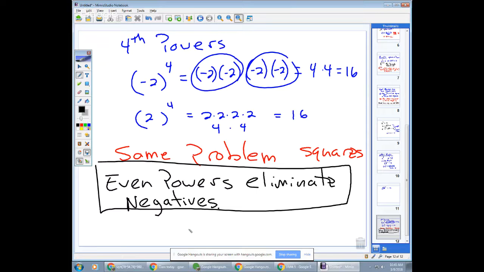So if I said, hey, I had some number and I raised it to the 4th power and I got 81. What number was it? Well, one way to solve this would be by taking a 4th root. So like a square root gets rid of a square, a 4th root would get rid of that.